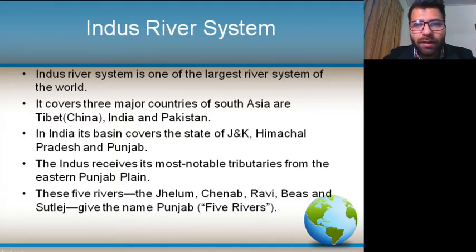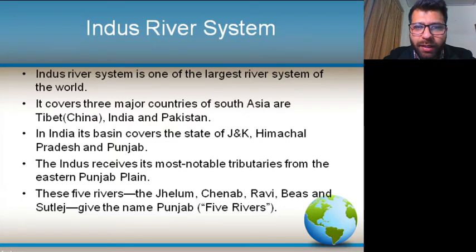And the biggest loss that happened to Punjab was in 1947, when India was divided into two parts. In the same way, Punjab was also divided into two parts. As India has a Punjab, Pakistan also carries part of Punjab, and they also call it Punjab.